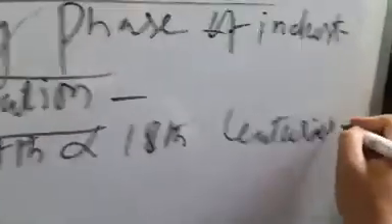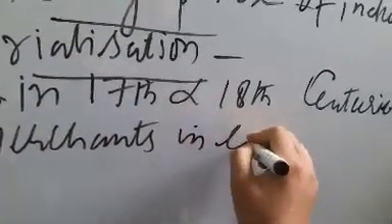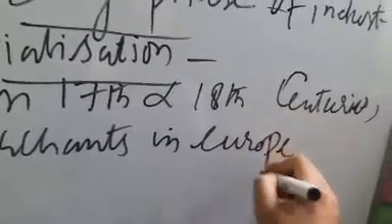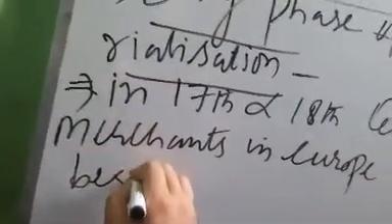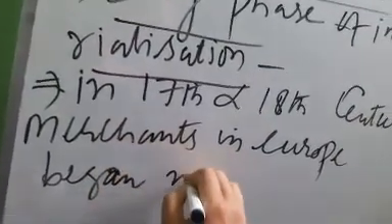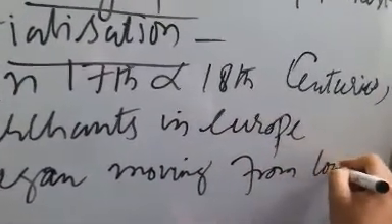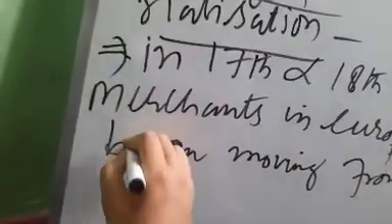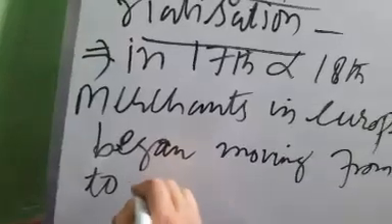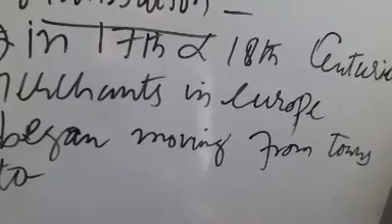It was in the 17th and 18th centuries actually that merchants in Europe began moving, you can say they migrated, from towns to the countryside.